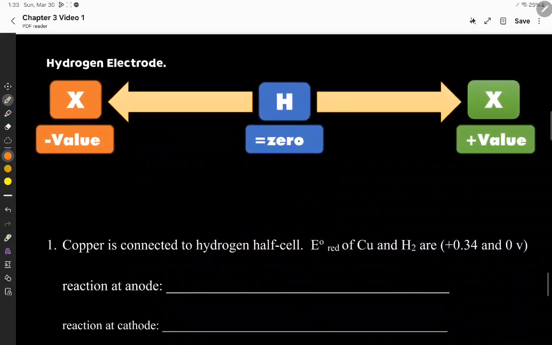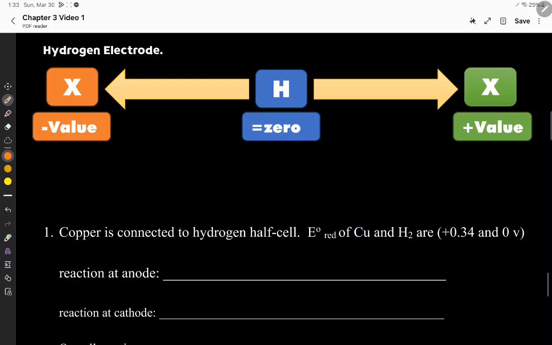Now let's see about the hydrogen electrode. The hydrogen electrode is used to determine the reduction potential of other substances. Scientists agree to use hydrogen because hydrogen has a fixed value; the reduction potential of hydrogen is 0.